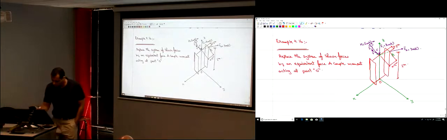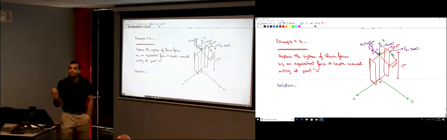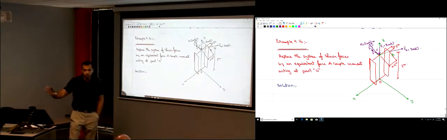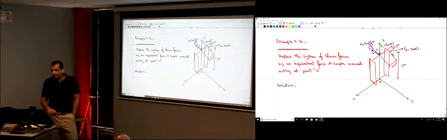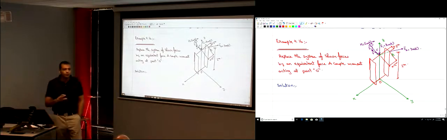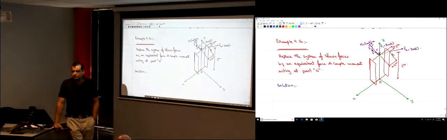Okay. So now, to solve this problem, we have 2 forces and a moment. We would like to find the resultant about point O. Okay? So do you think we should use components or Cartesian vector notation? The resultant of the moment and the forces. Yeah.